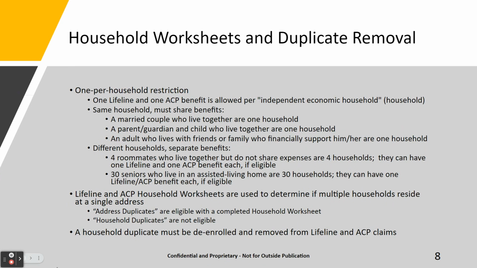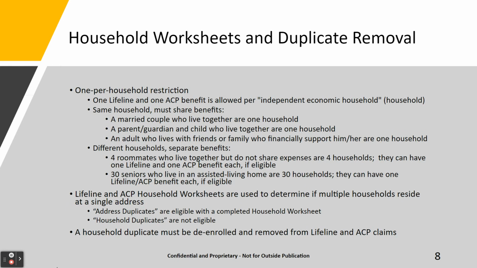The household worksheet is used to screen what we call address duplicates. You can't have applicants from the same household, but you can have applicants from different households residing at the same address. Address duplicates, or having multiple households at a single address, is allowed. This happens at places where multiple individuals live at a communal address, such as homeless shelters.